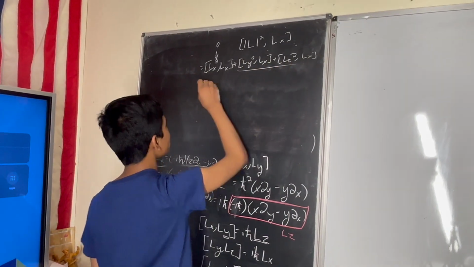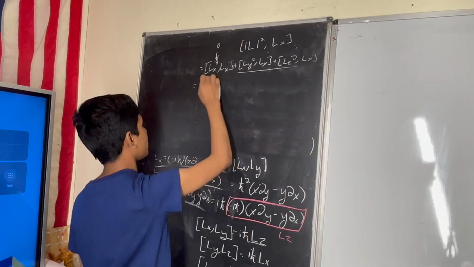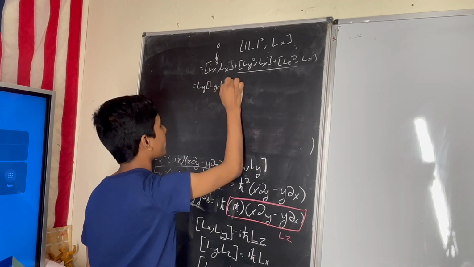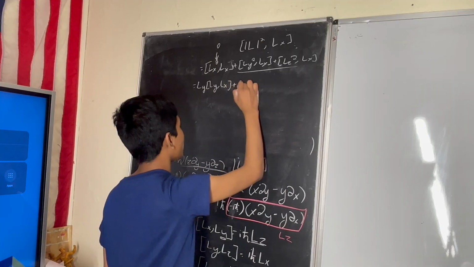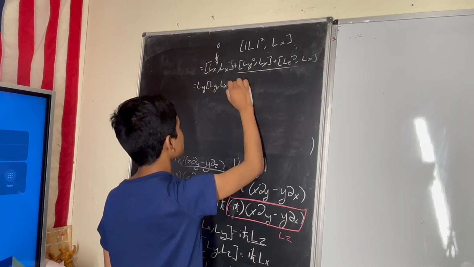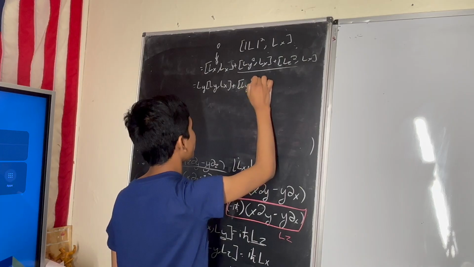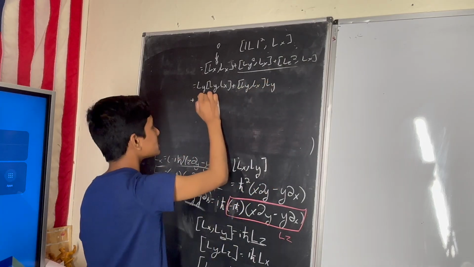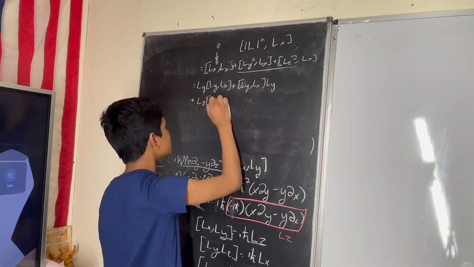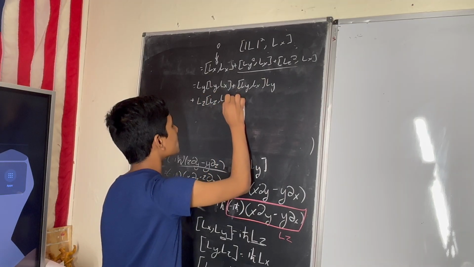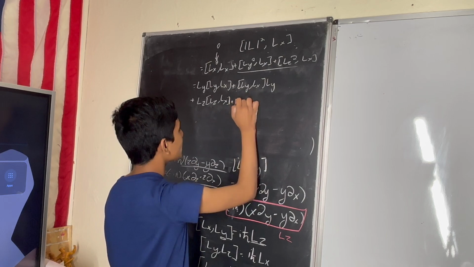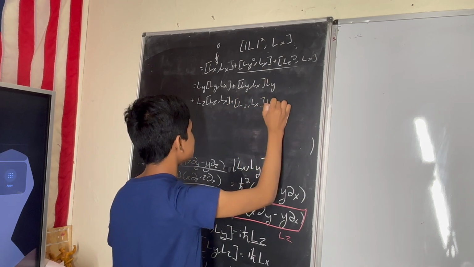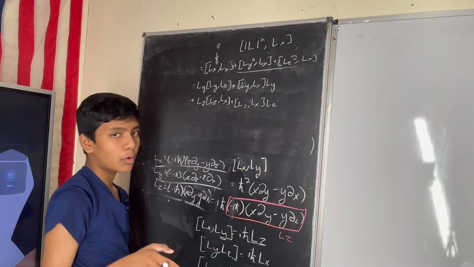And these two simplify using the commutator formula into Ly, Lx, Ly, and then plus Lz, Lx, Lz.